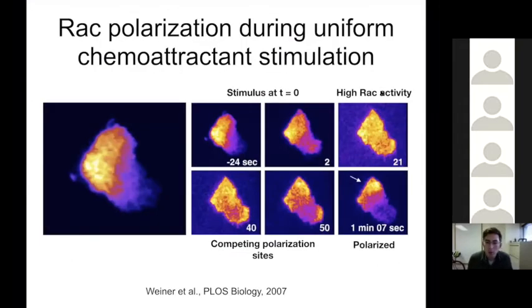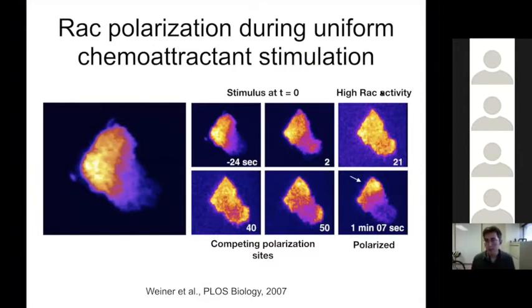Now, the data that motivated our modeling work is from the lab of Orion Weiner, at the University of California. And what you're going to see here is an image of a fluorescently reported biosensor for Rac activity.